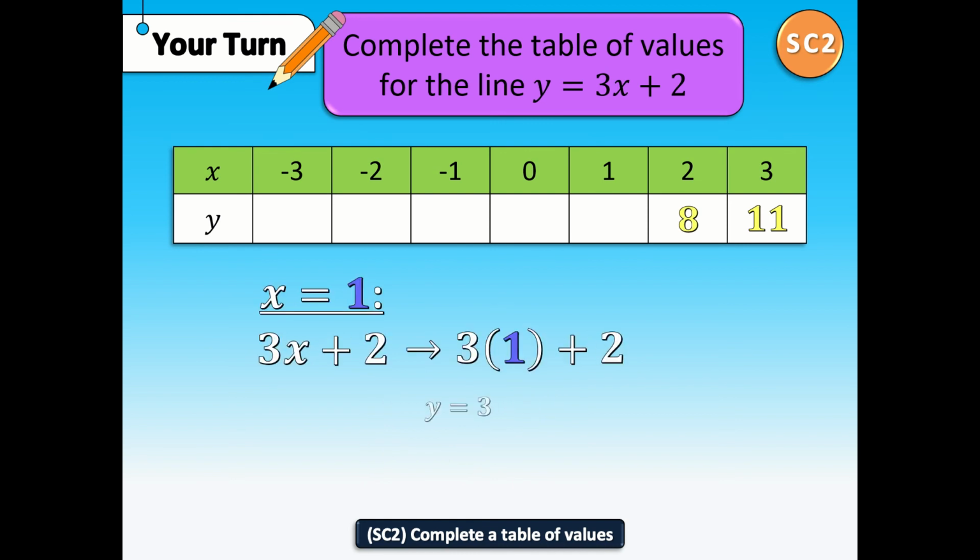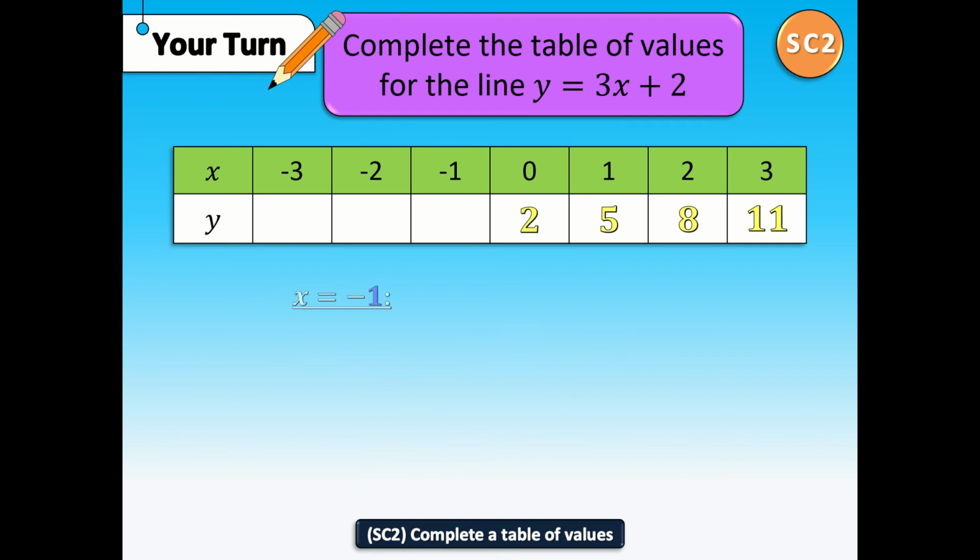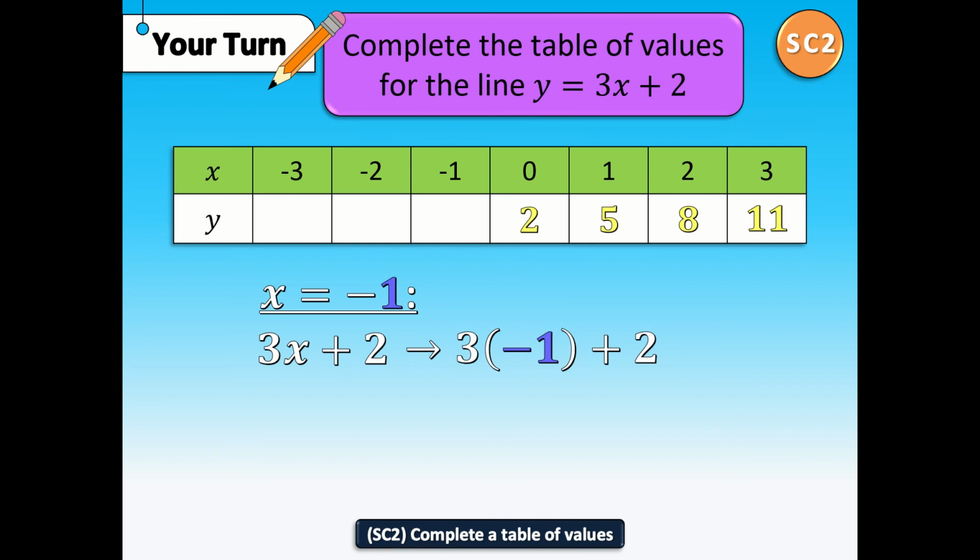3 times 1 is 3, plus 2 is 5. 3 times 0 is 0, plus 2 is 2. 3 times minus 1 is minus 3, plus 2 is minus 1.